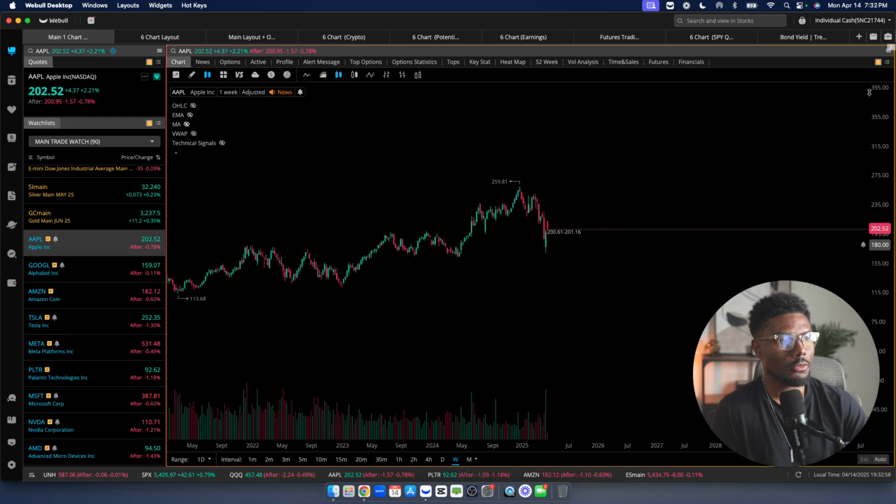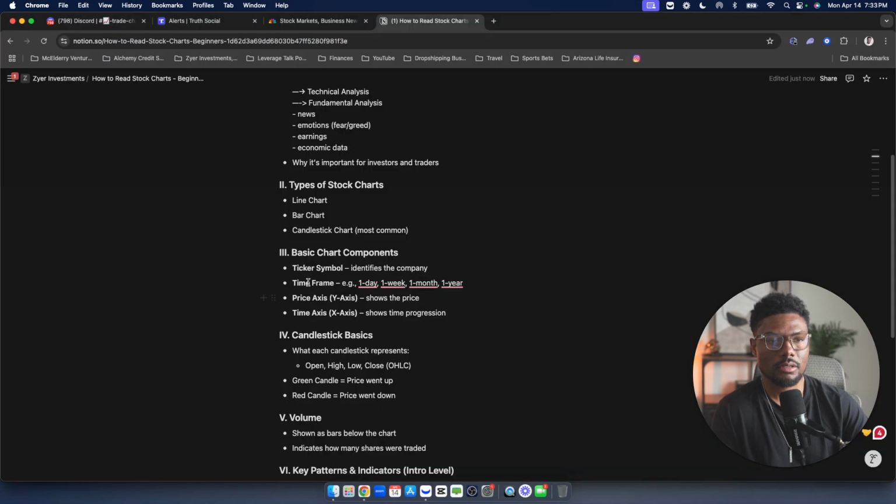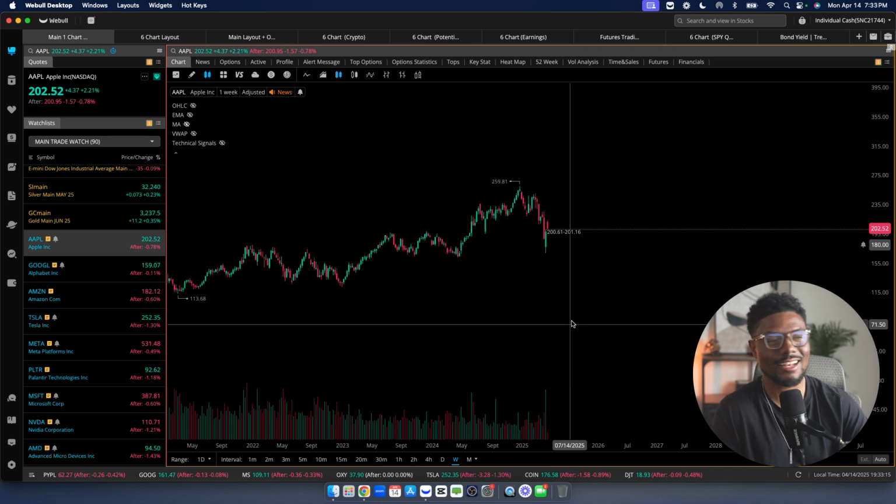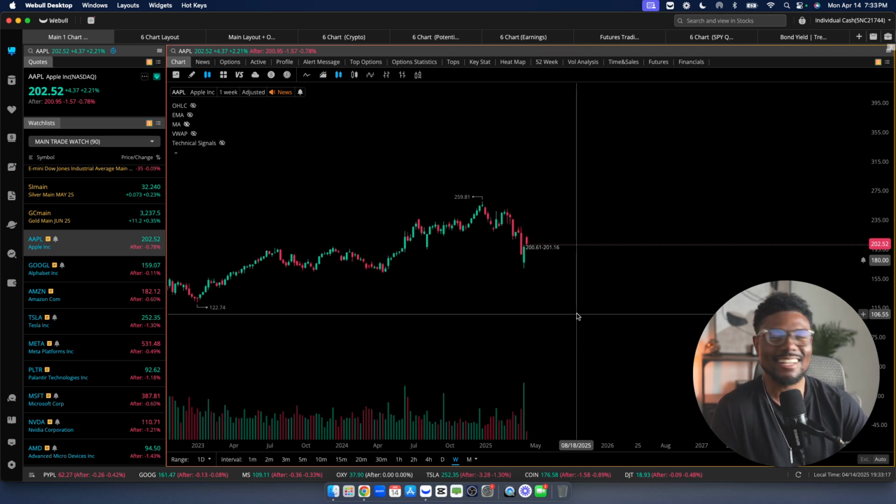So on the right-hand side, I will have the price of said stock. Here are the basic components we're on next. Basic components. So the ticker symbol. Anytime I mention that, people are like, a who, a what?